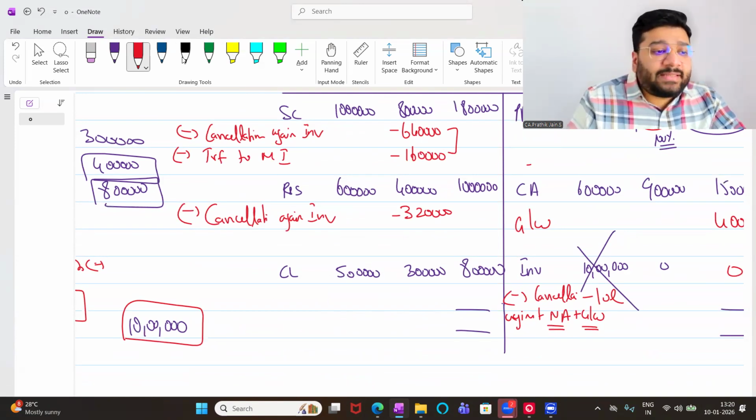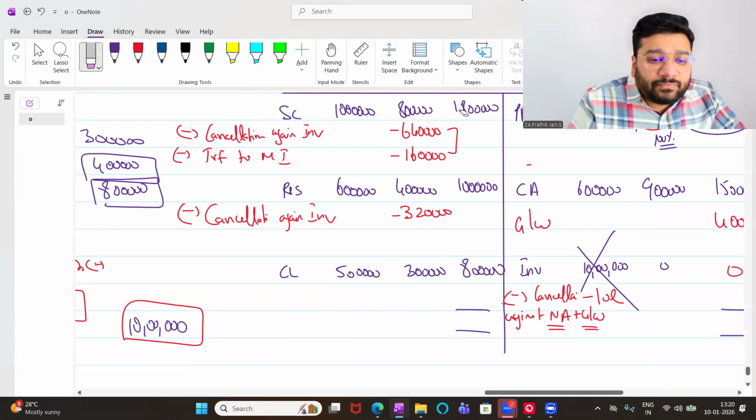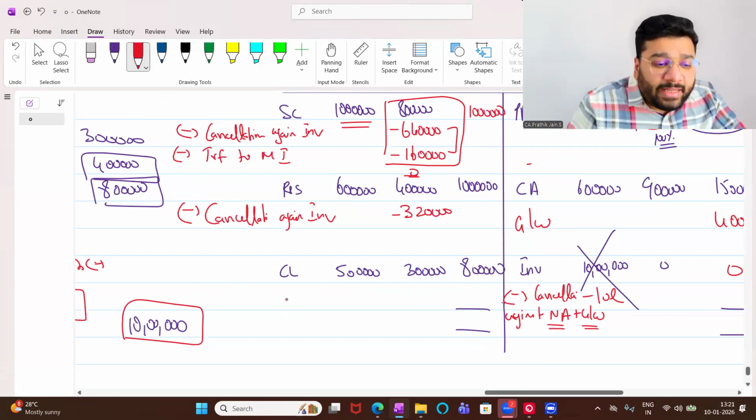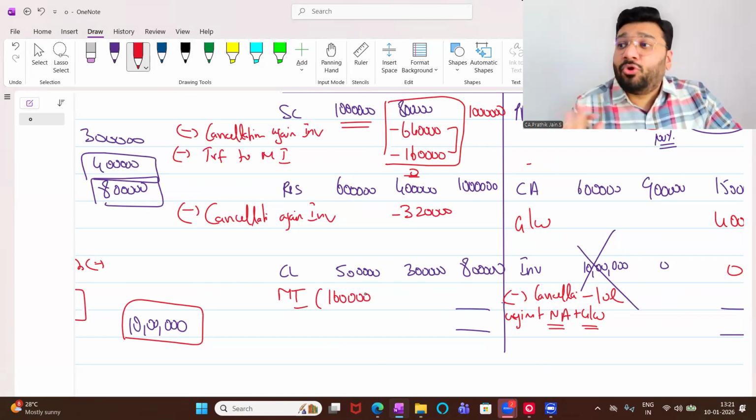So if I minus it, please tell me what is the balance share capital now? 10 lakhs. So this will become 0. So 10 lakh plus 0 is how much? 10 lakhs. Any problem? And this 160 you transfer where? To minority interest. To minority interest, what is coming? 1,60,000 is coming so far. Any problem? No problem? Okay.